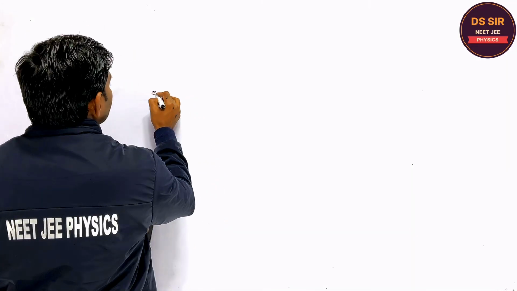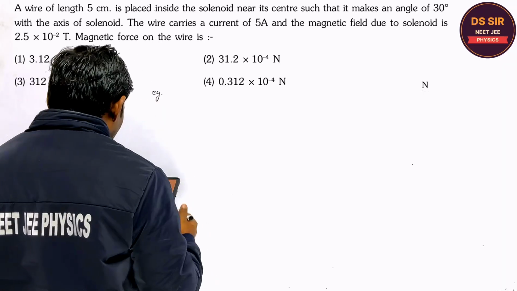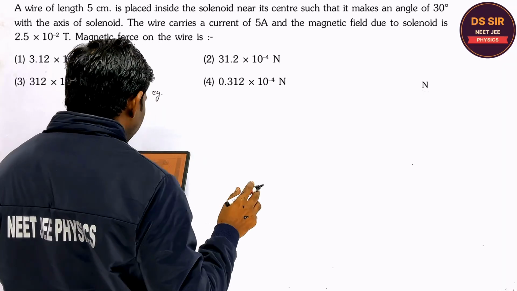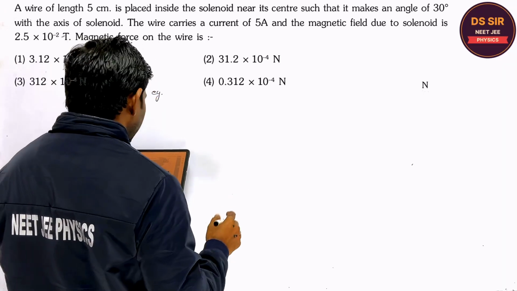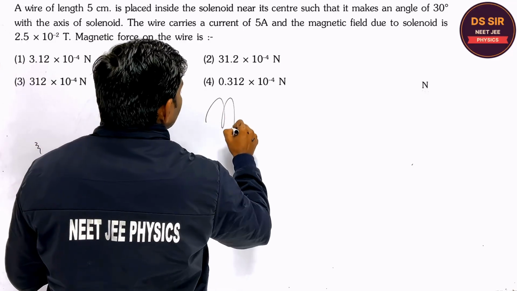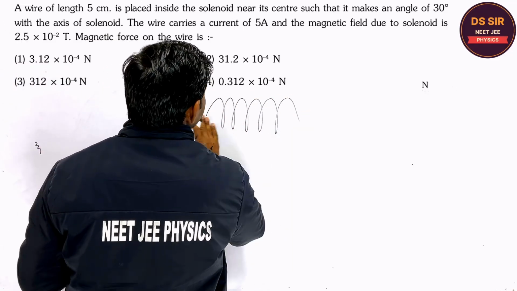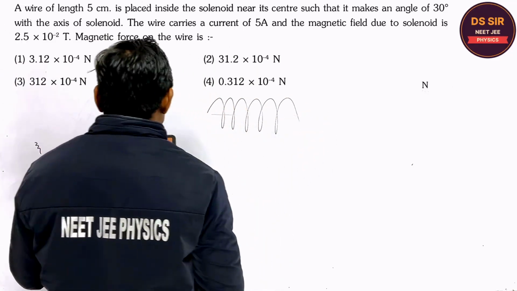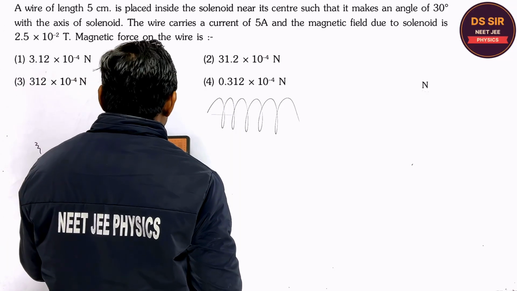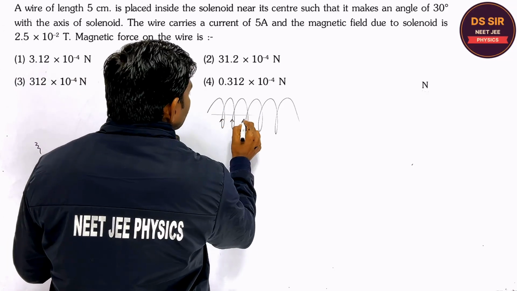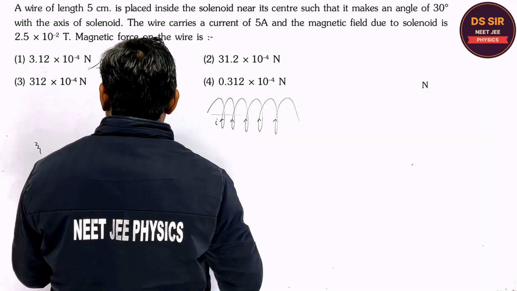So read this question. In this question, a wire of length 5 centimeter is placed inside the solenoid near its center. Suppose this is the solenoid, right? This is the axis, or you may assume this is the center. And the current in the solenoid is supposed to be I, right?